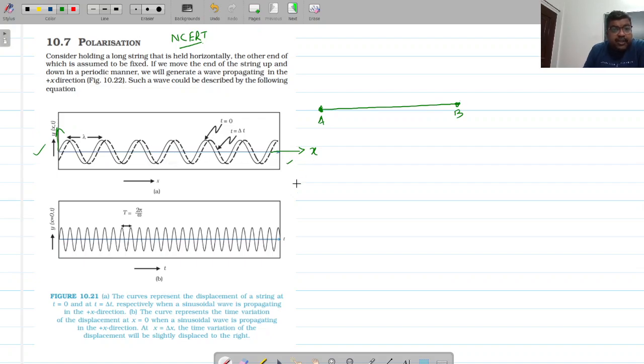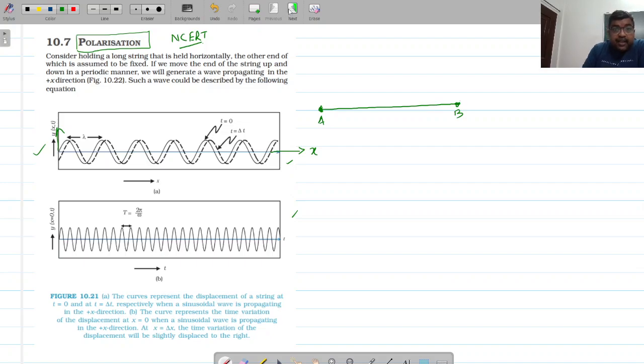So this is the representation of a transverse wave basically. And this topic, polarization, is confined to the transverse wave. This is the phenomenon which differentiates between a transverse wave and a longitudinal wave.